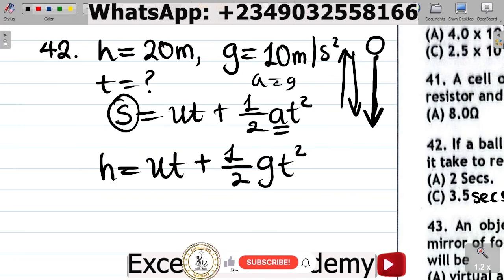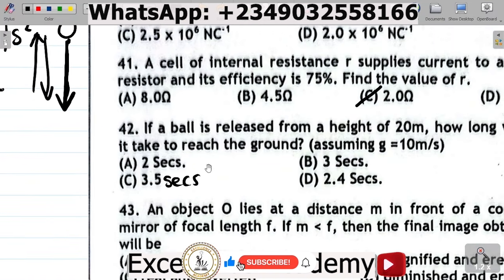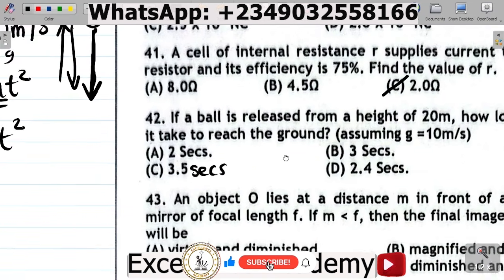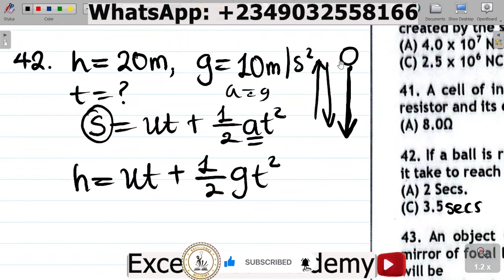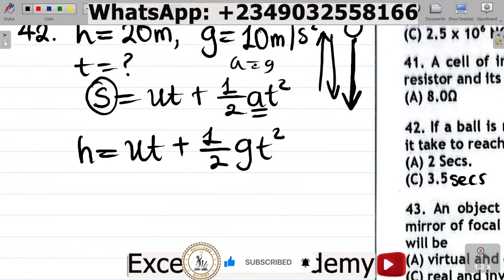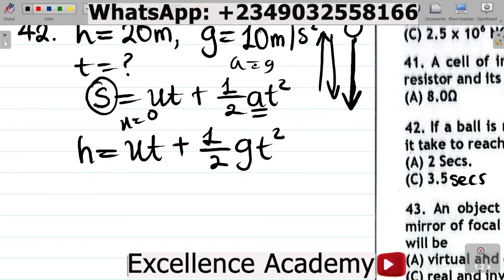Then again, looking at the question, they said a ball is released from a height. When they say a ball is released from a height, it means the ball was stationary and then it was released. In essence, the initial velocity u will be equal to 0. If u here is 0, it becomes 0 times t, and this gives you 0. So you have that h is equal to half into g.